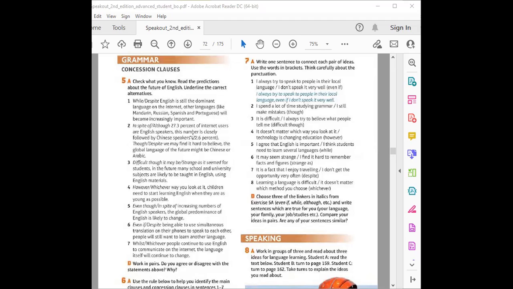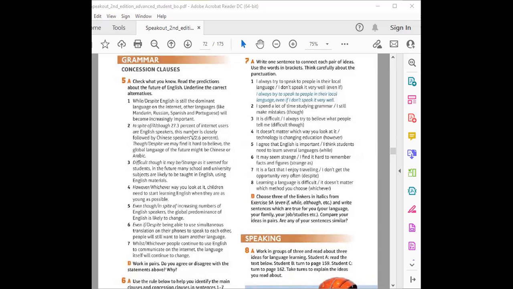Because it's connected to another clause with a comma or with a coordinating conjunction or whatever other connector. So the clause is a sentence that doesn't end with a full stop or doesn't start with a capital letter. You can put it this way.